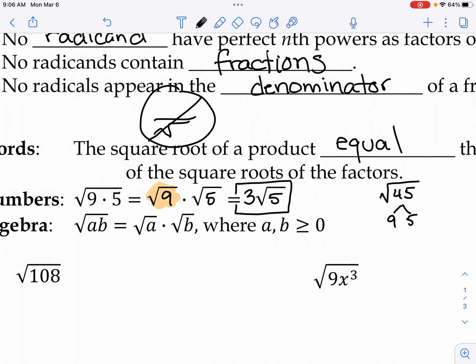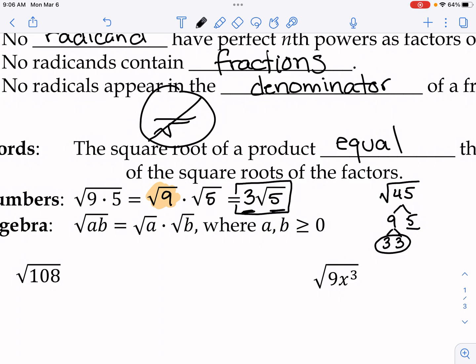And you continue the branches of the trees that still have composite factors. So 9 can be broken up into 3 and 3. We cannot continue. All these numbers are now prime, which means its only factors are 1 and itself. So we circle pairs and underline singleton numbers. Typically you put the pairs on the outside of the radical and the singleton numbers as the radicand.